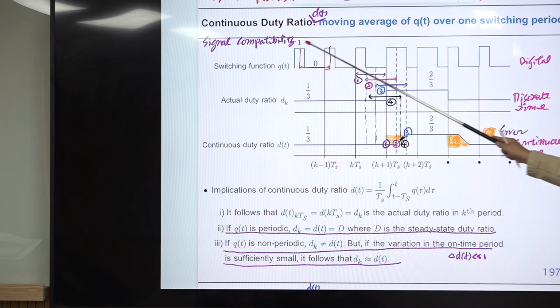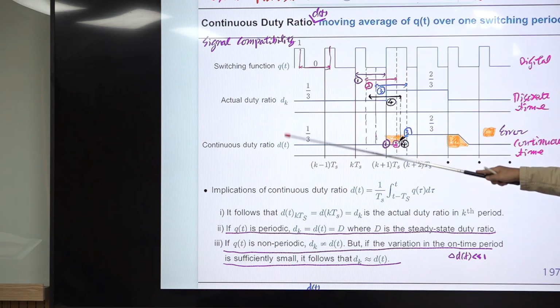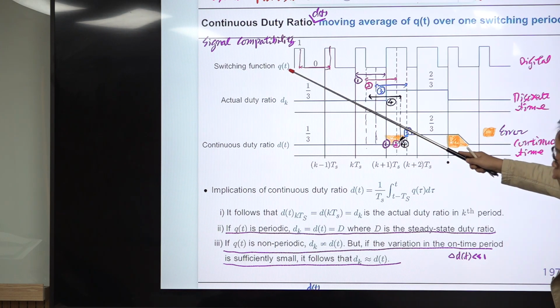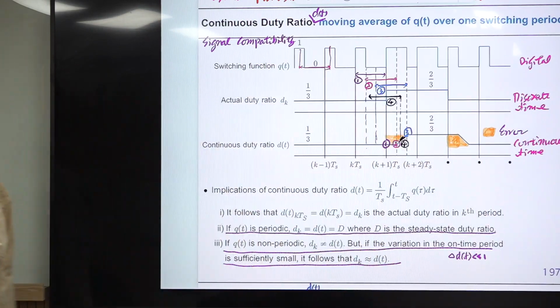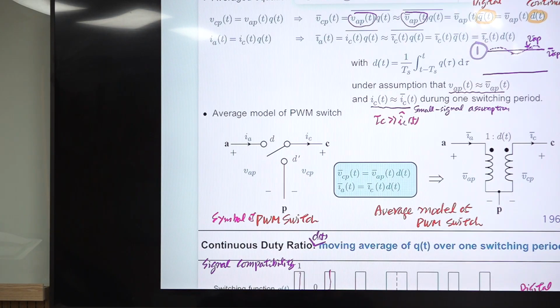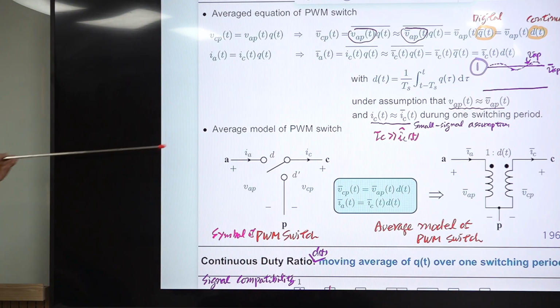So to match the comparability between the signals, we derived this DT from QT. This is the graphical demonstration of the mathematical operation.